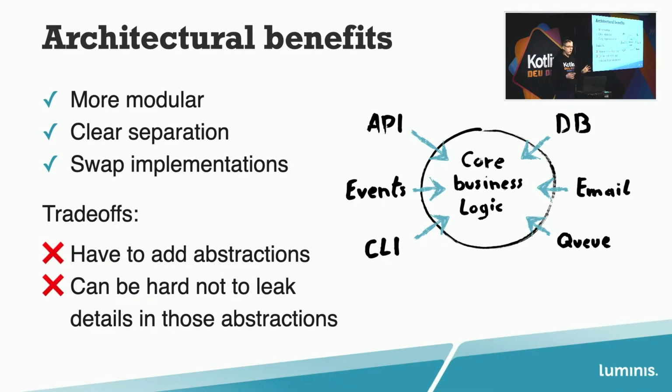So that can be quite an investment upfront for something you may not ever swap at any time, right? So think about, is it worth it? How likely is it that this piece of code is going to change? And do you want to make that investment to make it easy to change later on? Don't add complexity like these abstractions if you don't need them, right? I'll come back to this later on as well.